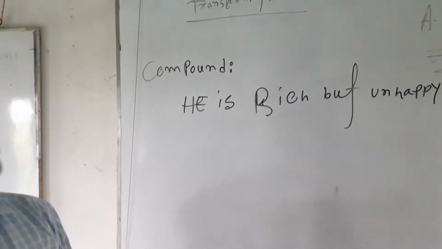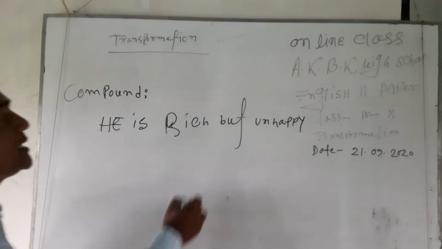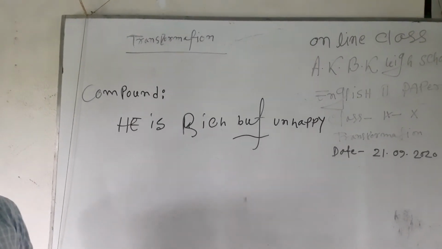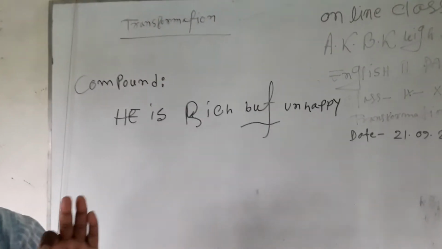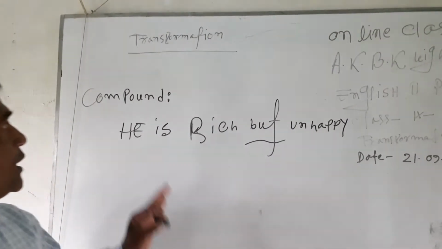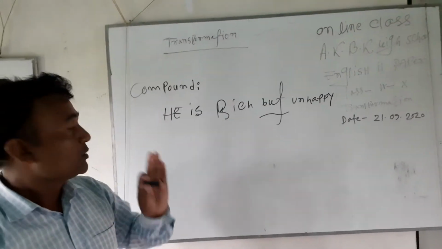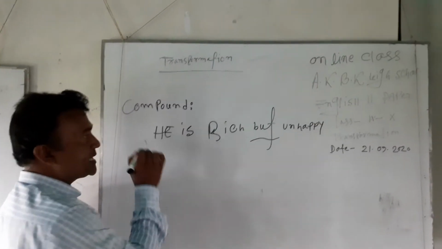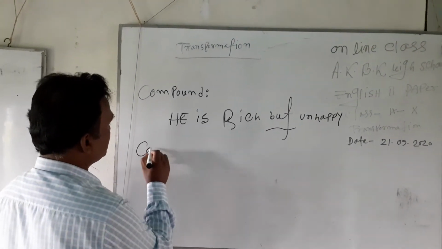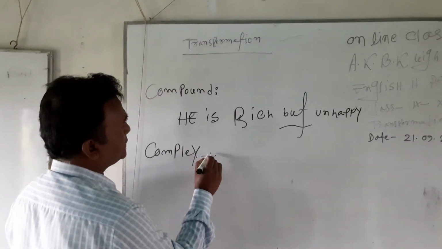This is a compound sentence because this sentence is added by but, a conjunction. So we know that this sentence which is added by but or otherwise, that is a compound sentence. Now we try to change this sentence into a complex sentence.